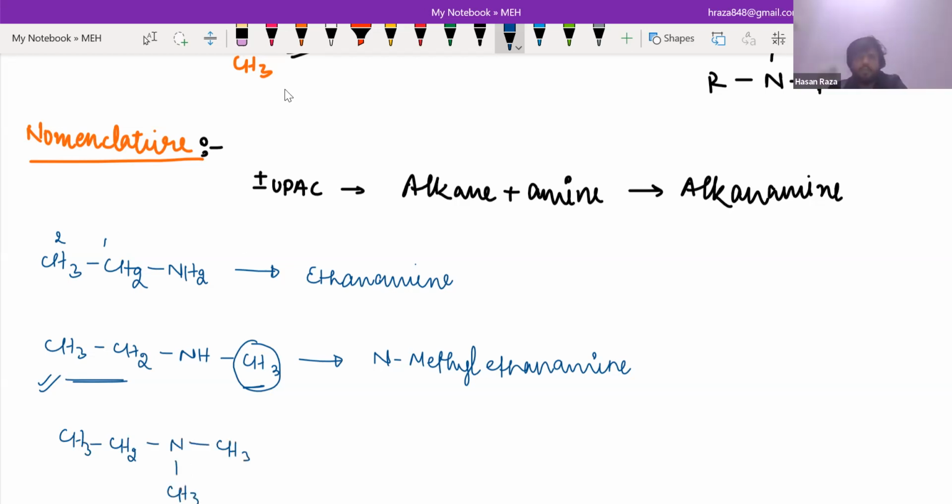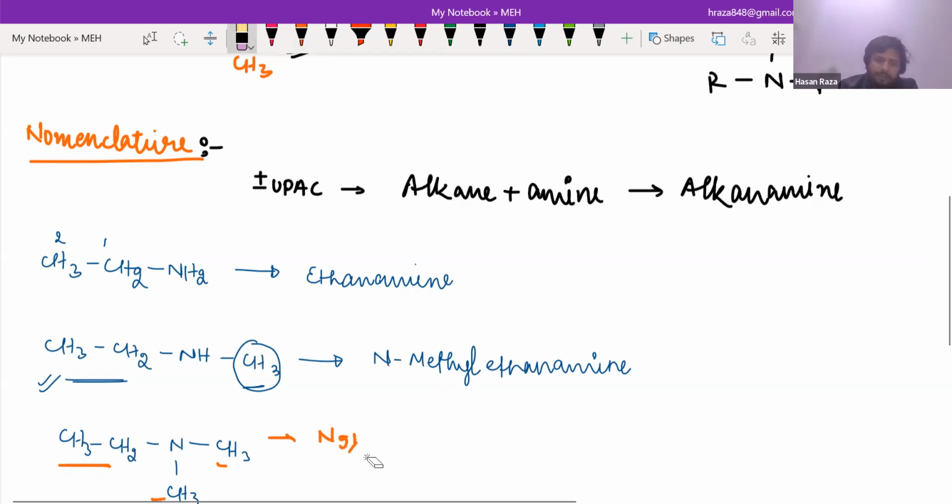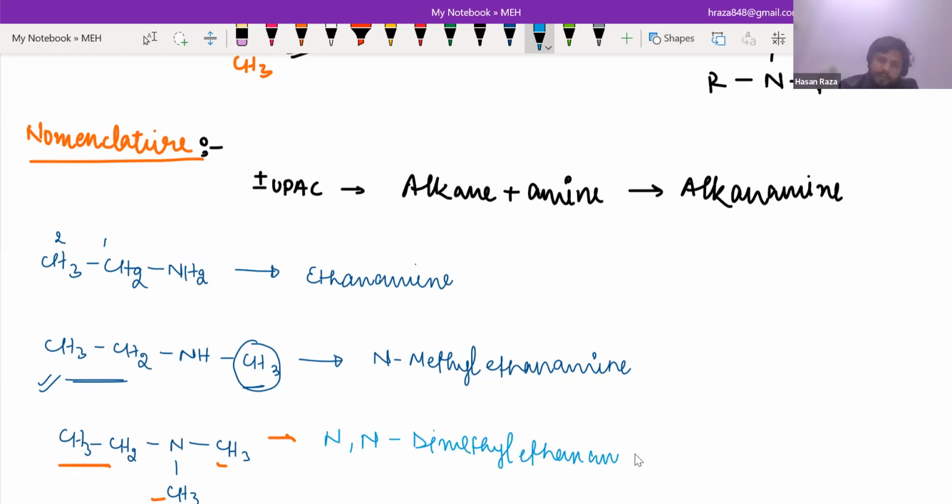Now, if you have a structure like this, you need to choose one of them as the parent chain. There are 2 carbons, so that is the parent chain, and these are substituents. Both are the same, so I'm going to write N comma N dimethyl ethanamine. Please do write it with me.